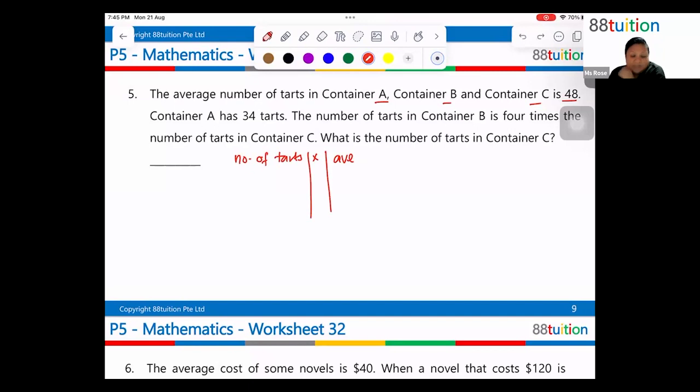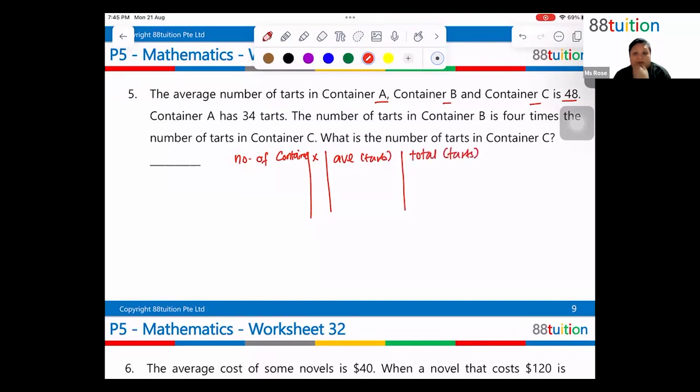Average here would be number of containers. We take number of containers and times the average number of tarts to give us the total tarts.